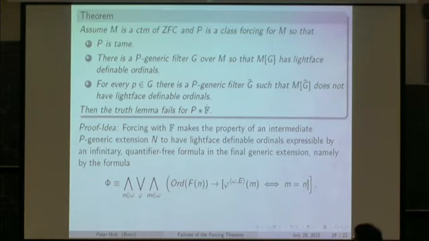The main idea is that forcing with Friedman's forcing makes the property of an intermediate P generic extension N, so N is supposed to be the model after just forcing with this forcing P up there, the property of the intermediate generic extension to have light-face definable ordinals, expressible by an infinitary formula in the final generic extension.